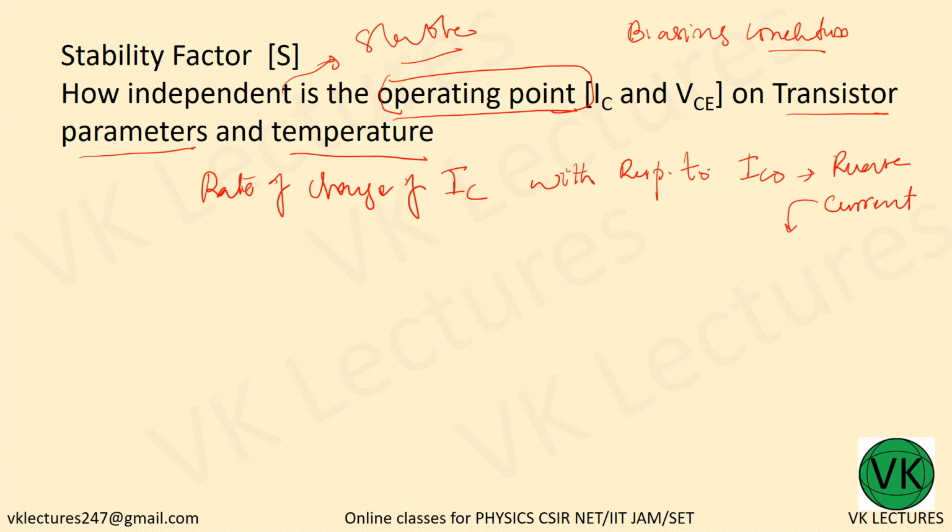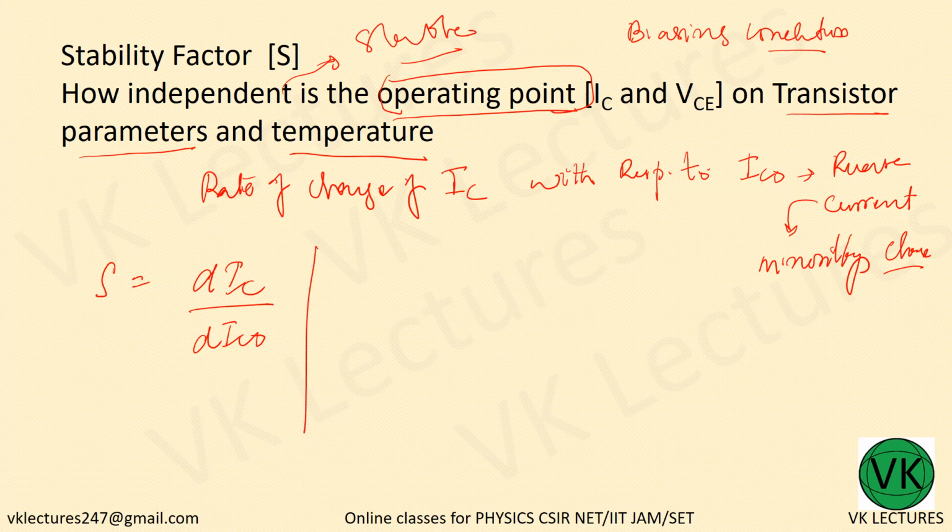This is happening due to minority charge carriers. So it is a small current, but this will tell you whether our circuit is having better stability or not. Now, S is equal to the rate of change of IC with respect to IC naught, dIC by dIC naught.